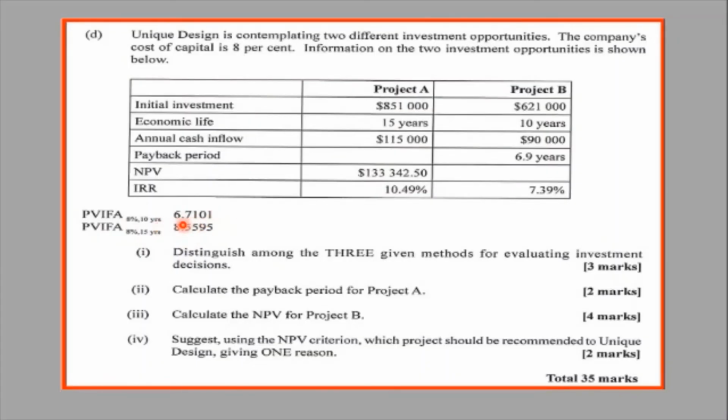We can just take this and multiply it by the annual cash inflow, which is the same for each of the 10 years here and each of the 15 years here. So instead of multiplying out each one, you can just add it up and multiply the total, and the total is given to you here. So it's a simple affair, and let's get right into it.